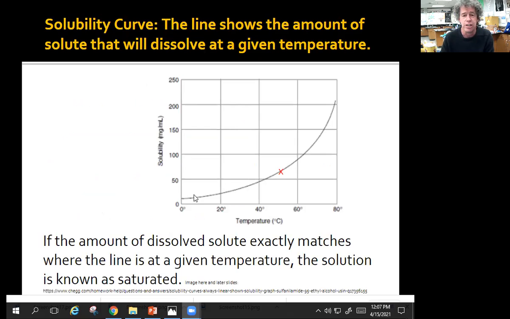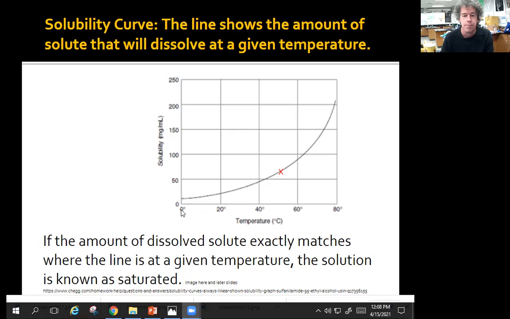So we can actually look at something called the solubility curve here. The curve shows the amount of solute that will dissolve at a given temperature. So you'll see, you basically get this line. And this line represents the maximum amount of a substance that will dissolve into a solvent at a given temperature.